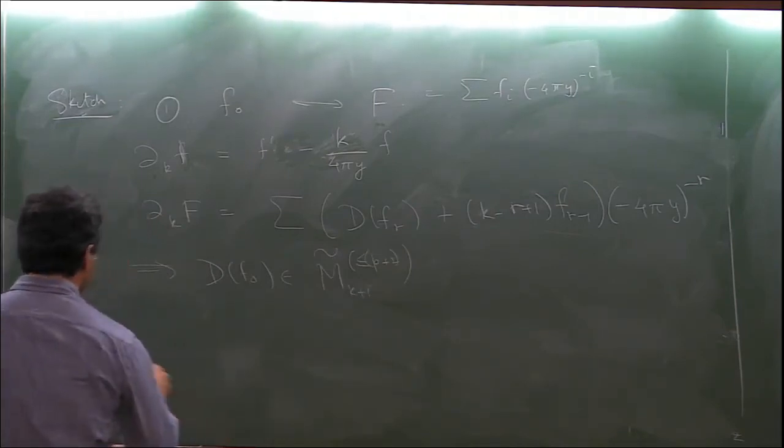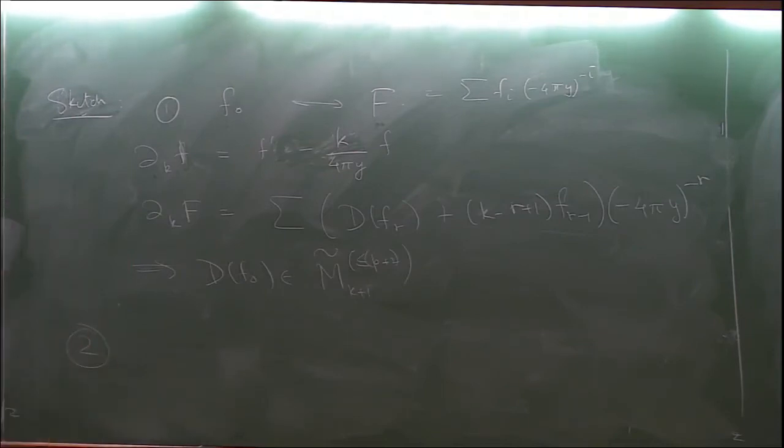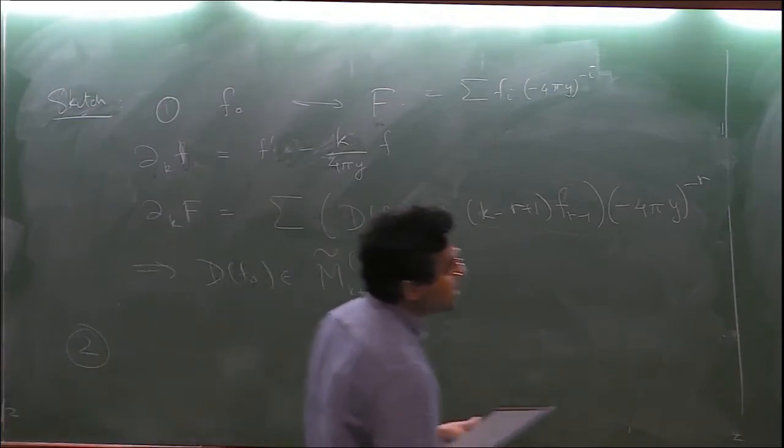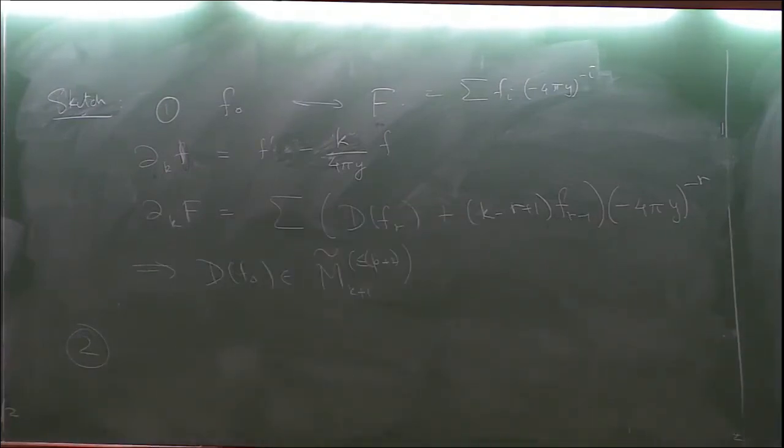All right, so sketch of 2. Here we use induction on P, and how do we do that? We use this fact from here, that the leading coefficient is a modular form already.